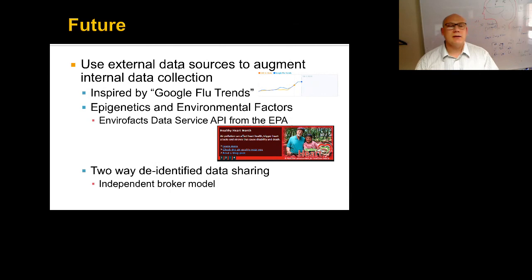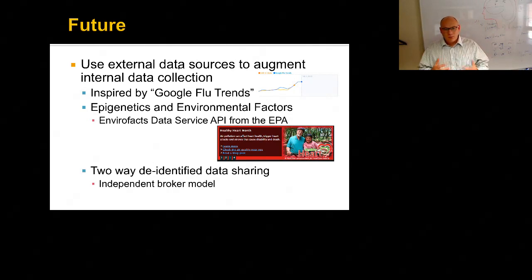And one of the ideas that we have is how do you take the EnviroFacts data service API from the EPA, where you can estimate toxin loads and chemical dispersion facts from coal plants or other types of industrial complexes, and use that information to estimate the toxic effects of those in relation to the diseases that we're studying.